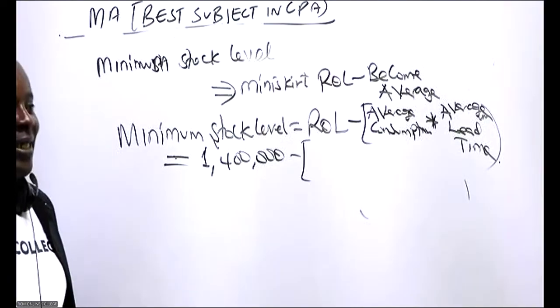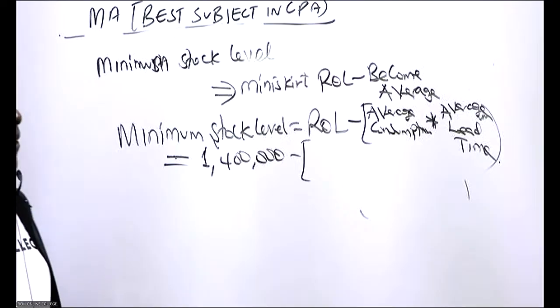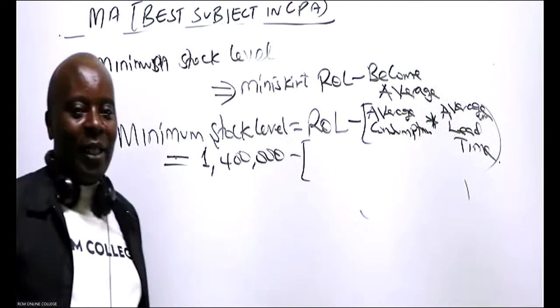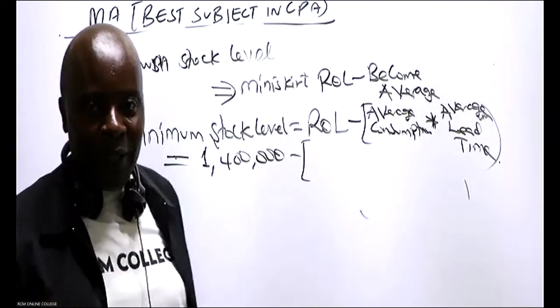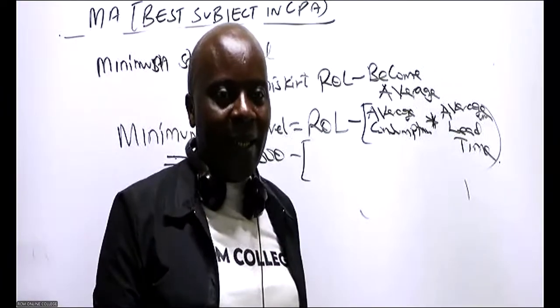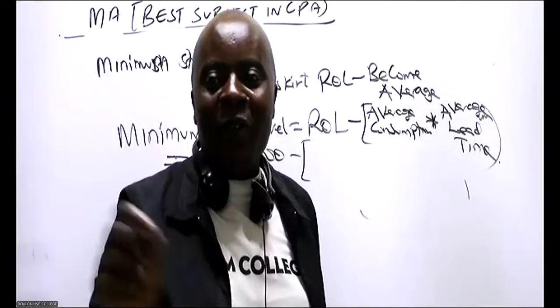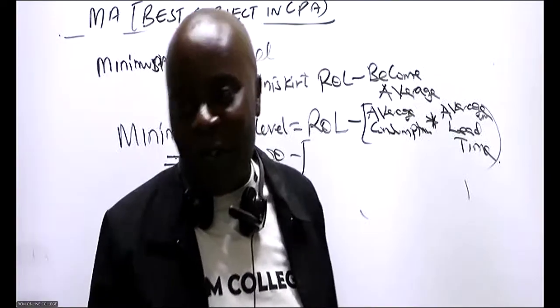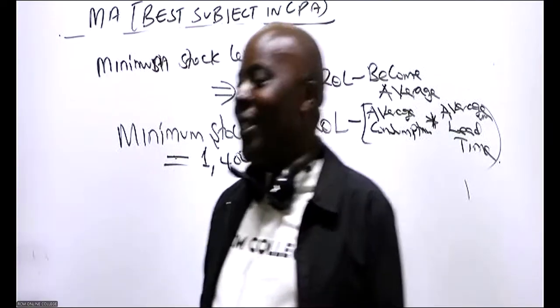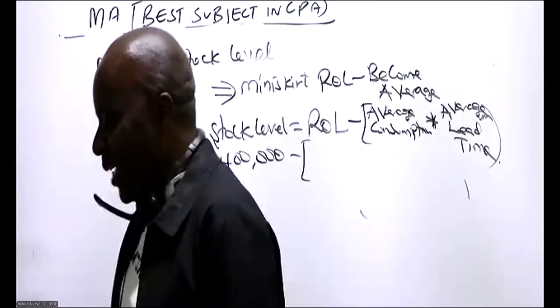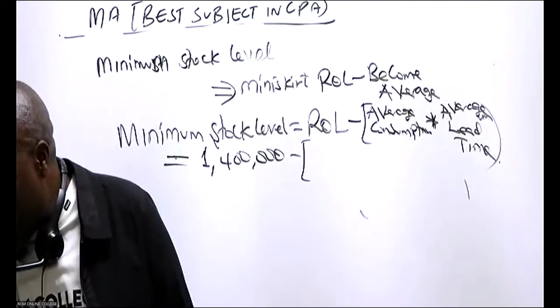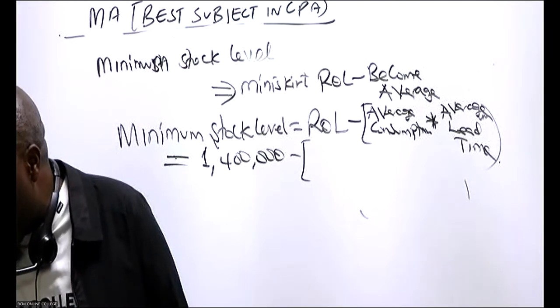Average consumption. Look, you have so many figures, 12 months. You must get the total and then divide by 12, because you want average consumption. So in this case, we must look for the total.